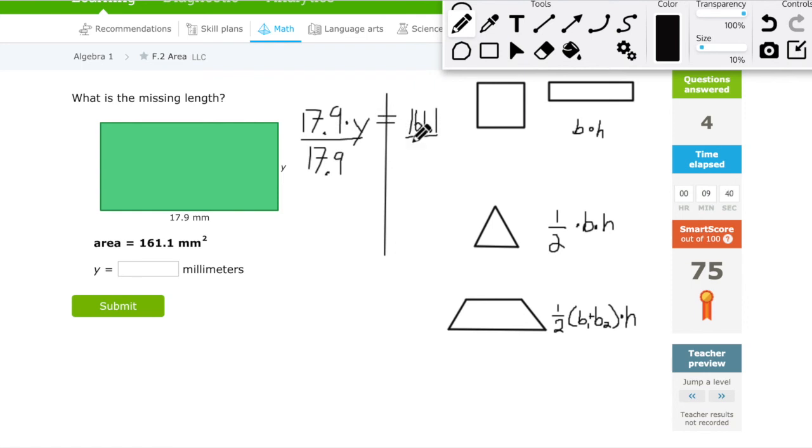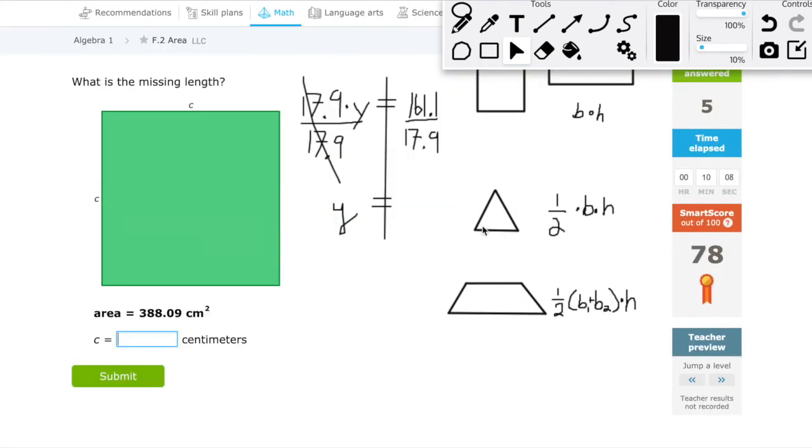So both sides are equal. Whatever we do to one side, we have to do to the other side of the equal sign. So that's why I have that line down the middle, so I don't confuse my sides or anything like that. Okay, those cancel, and I'm just going to have y equals, I'm going to type this one in, 161.1 divided by 17.9 is 9. Awesome, that it works out to a whole number like that.